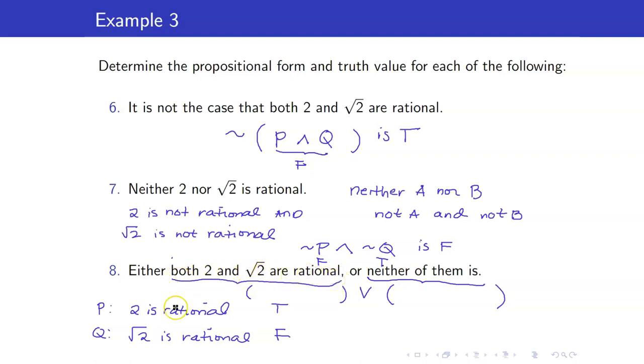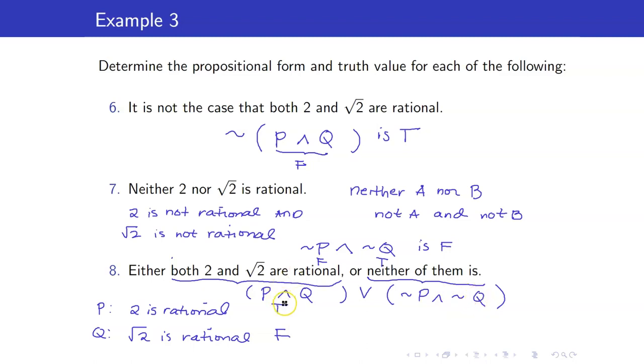That is the statement P and Q. And then for this one, neither of them is. That is actually number 7. Neither 2 nor square root of 2 is rational. We already obtained that that is not P and not Q.